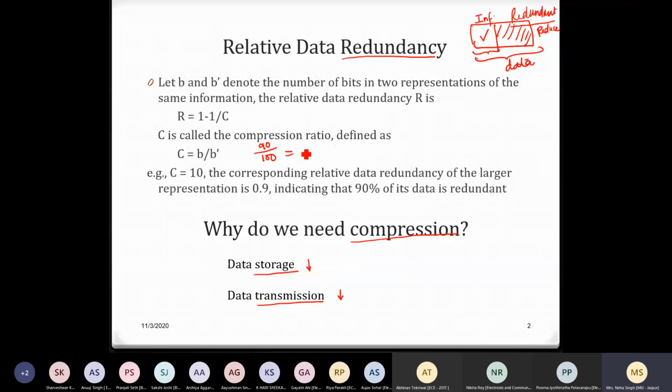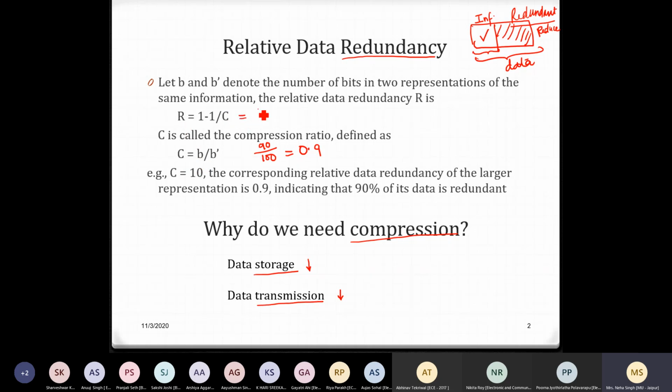In that case, my compression ratio is 0.9, right? So 90% of the data has been used, right? Using this compression ratio, I can talk about the redundancy.